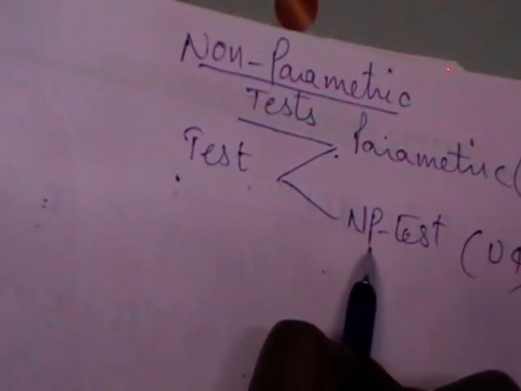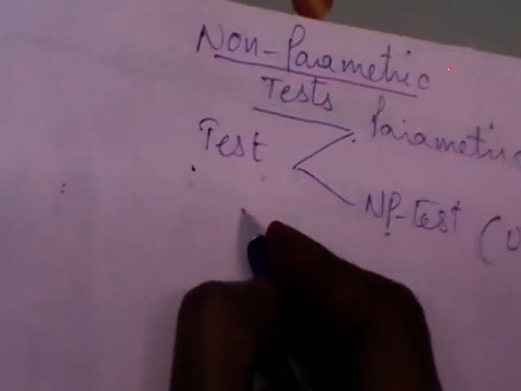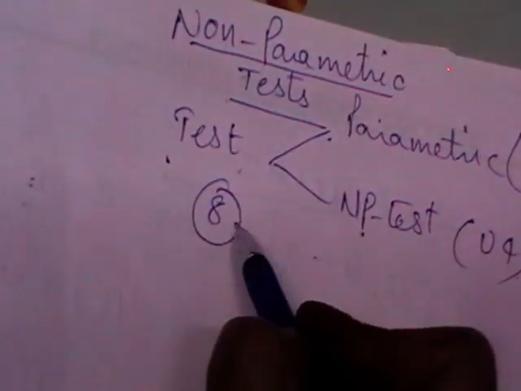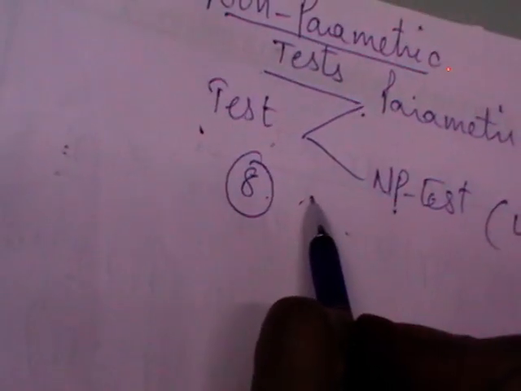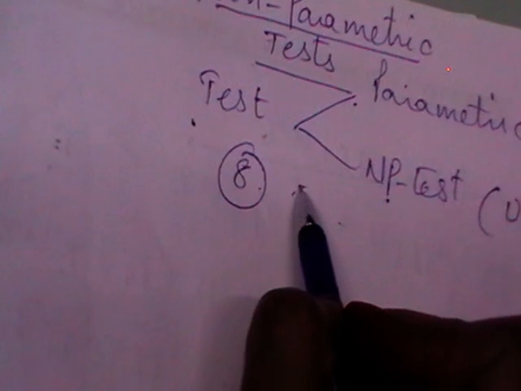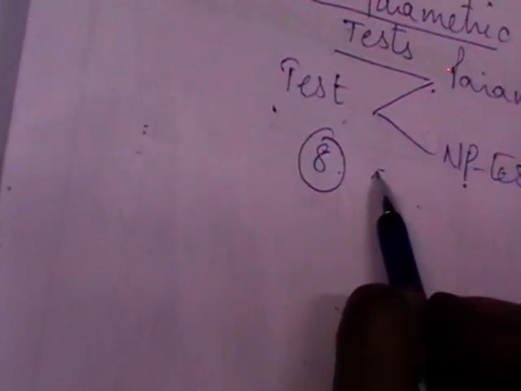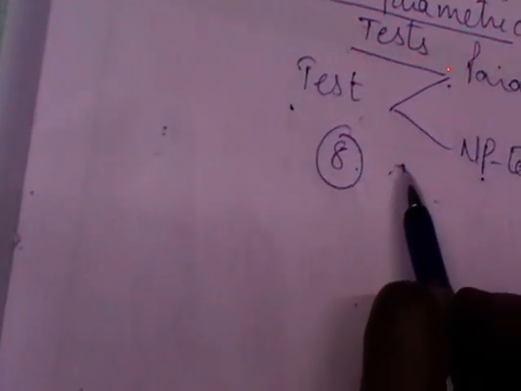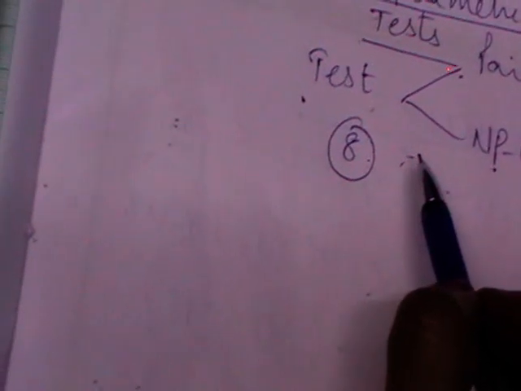The test procedure involves 8 different steps. Those 8 steps are common whether it is a parametric test or a non-parametric test. During the test procedure, we are going to follow a sequence of several steps.